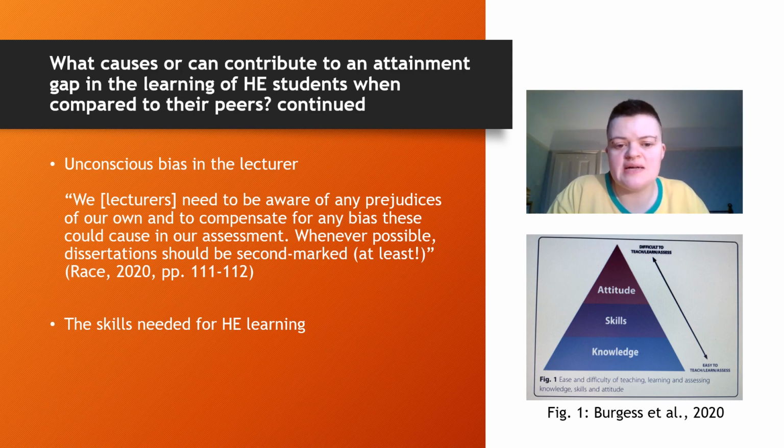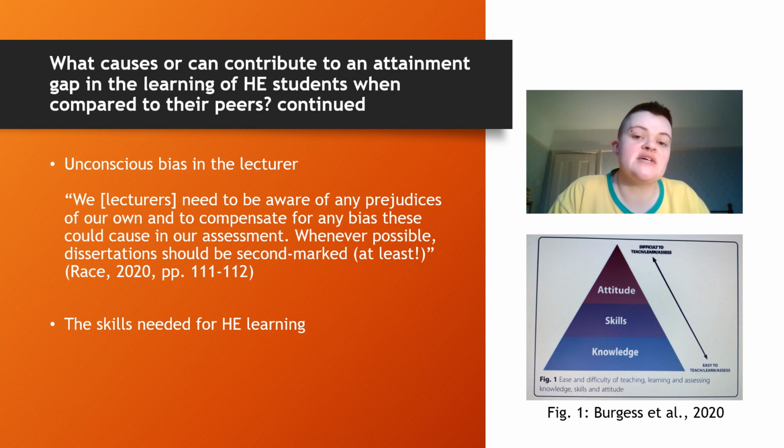Phil Race on that. And also finally, because I haven't addressed it yet, the skills actually needed for HE learning, higher education learning. I haven't really addressed skills in the triangle, but multiple materials I've been reading over the last couple of weeks all talk about how it's an adjustment.